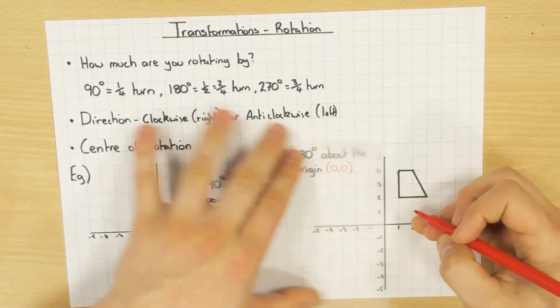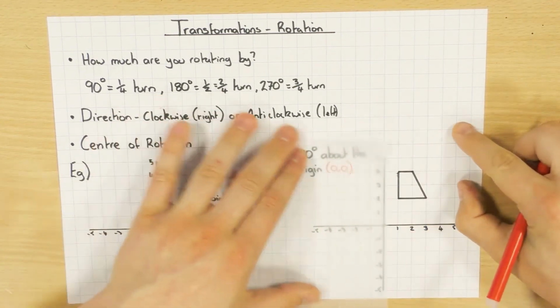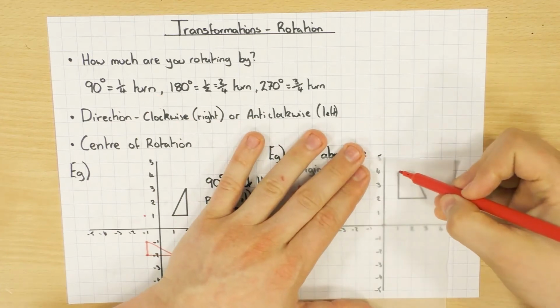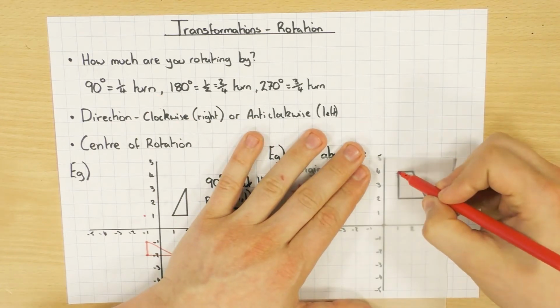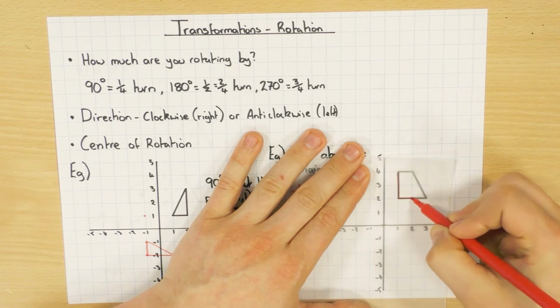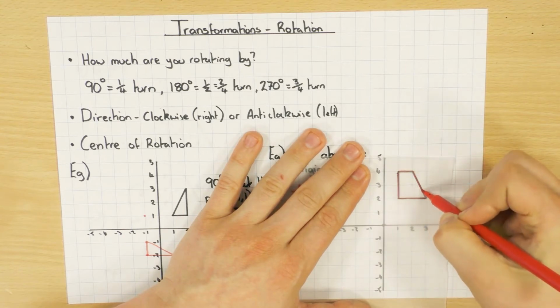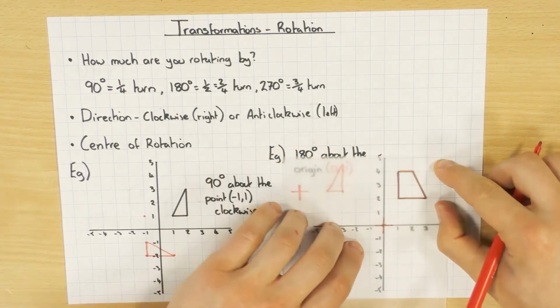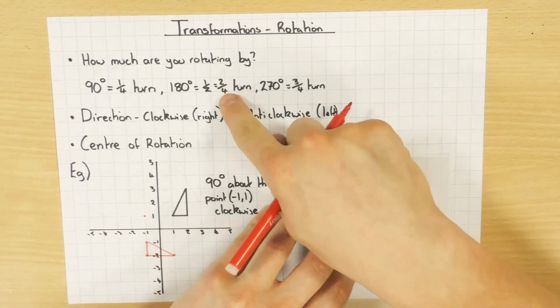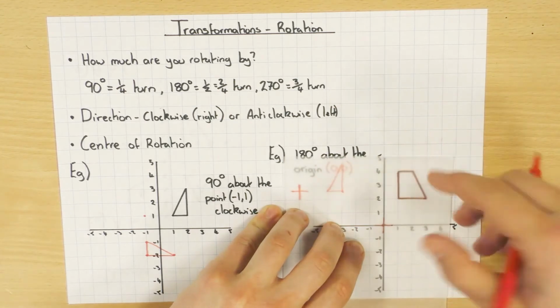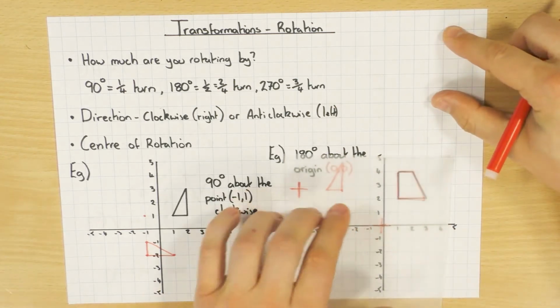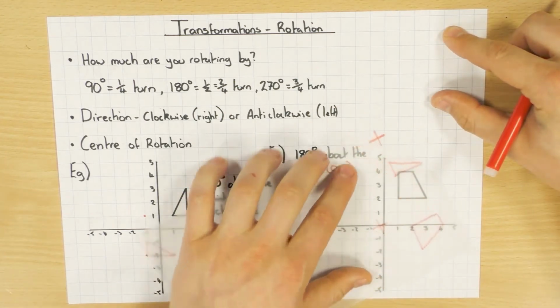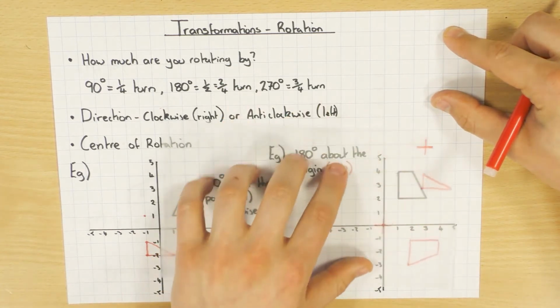So there's the point there, is the origin. Make sure your tracing paper covers the shape and your center of rotation, which it does. So trace the shape. Don't forget to put the cross. Now, it's 180 degrees, so that's 2 turns. So it's 2 quarters, so it's 2 turns. I'm going to go clockwise first. So that's 1 turn.